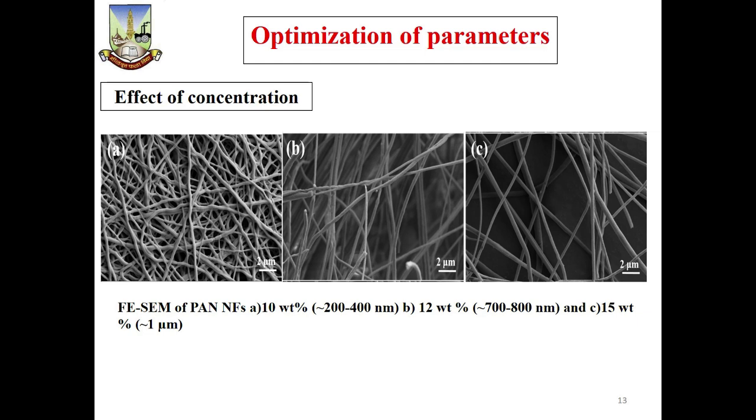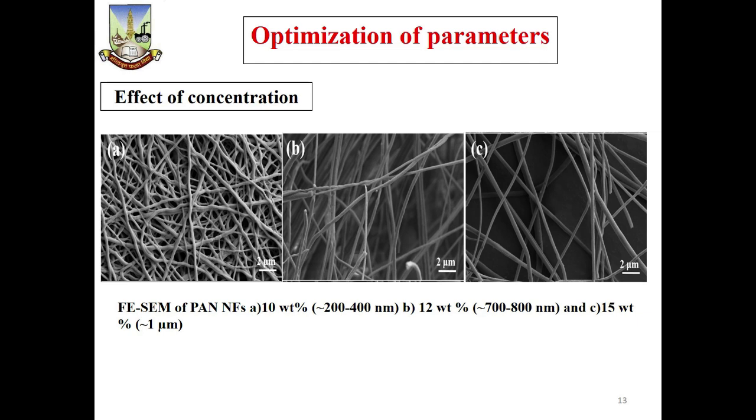And when these parameters are concerned, the effect of the concentration means the viscosity of the solution. This is one example which I have put here, where we have drawn this fiber in our laboratory, that is PAN nanofibers. When concentration is 10 weight%, fiber can be drawn in between 200 to 400 nanometer.